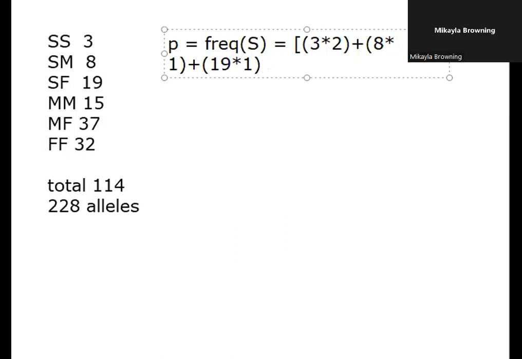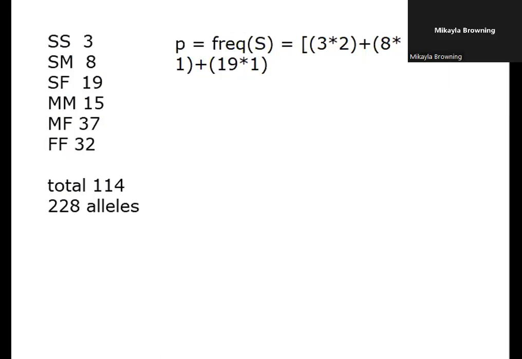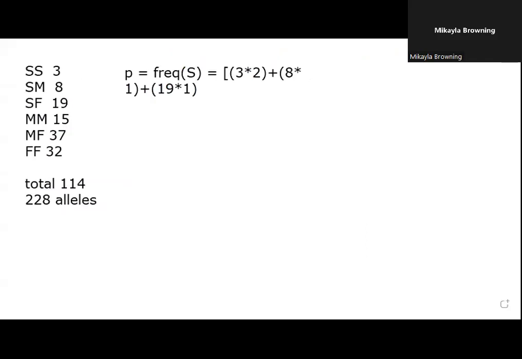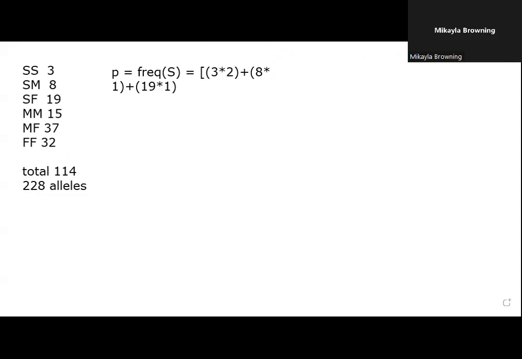So that's our total number of S alleles: 3 have 2, 8 are the SMs and they have 1, and 19 are the SFs and they have 1. I'll make this a little bit bigger, put that all on one line, and we divide all of that by 228.